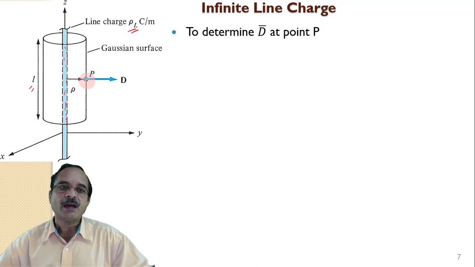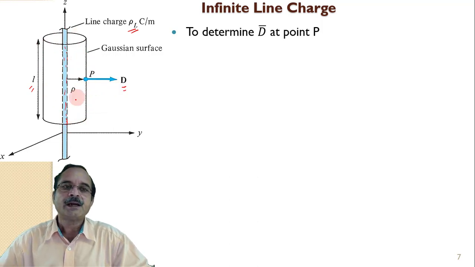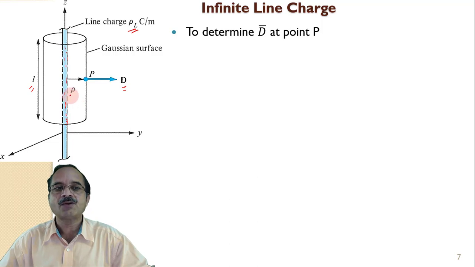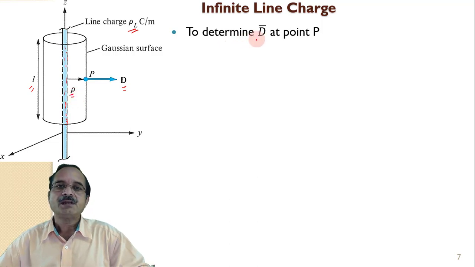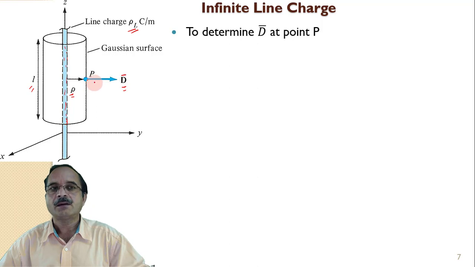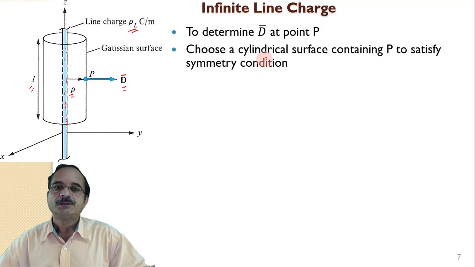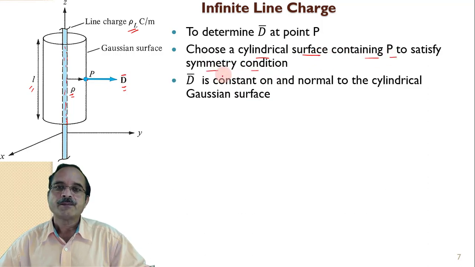The point P at which I am going to find the electric flux density is some point P on the cylinder, and this cylinder has a radius of rho. So let us determine the electric flux density D at point P by applying Gauss law. We have selected a cylindrical surface containing point P which satisfies our symmetry condition. Now D is constant and normal to the cylindrical surface.